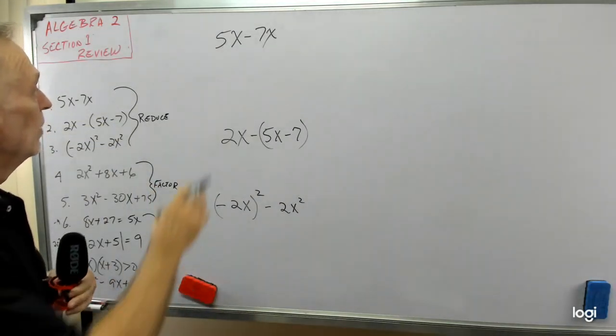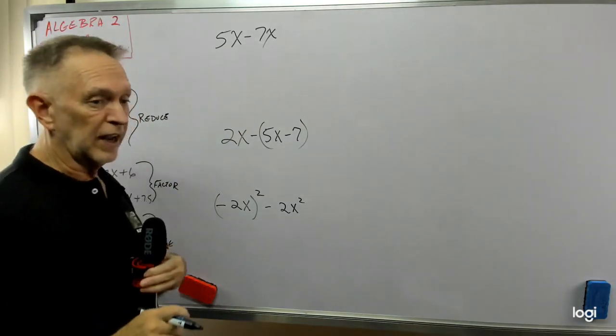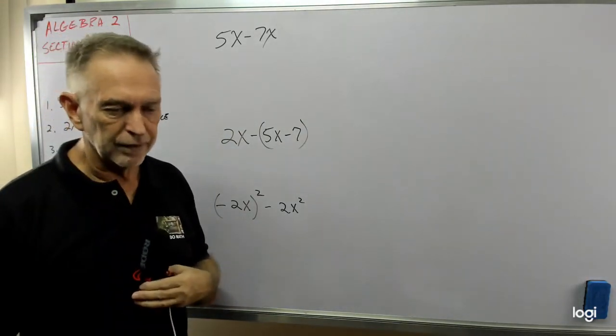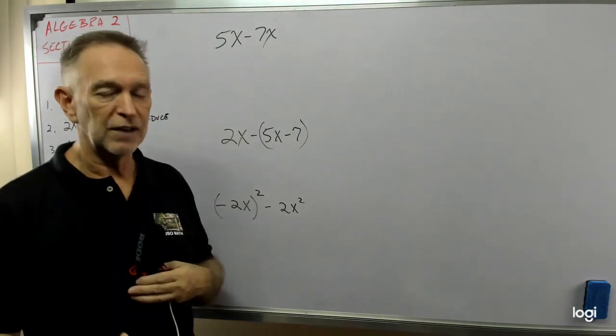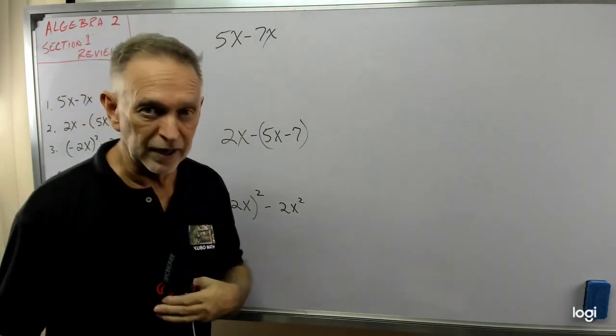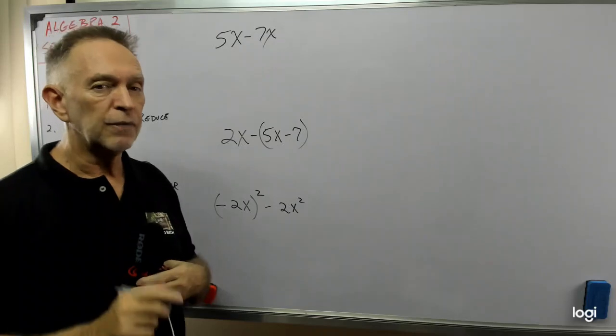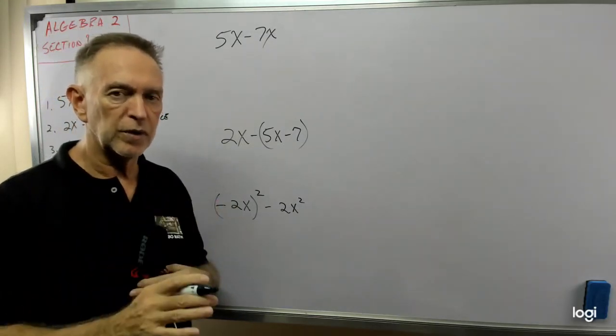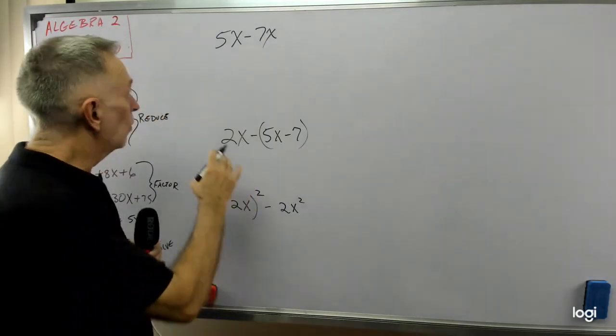Okay. 5x minus 7x. If we were to reduce that, you'd say 5x minus 7x is minus 2x. That's true. If we were to use the inverse of the distributive rule, what would it look like?